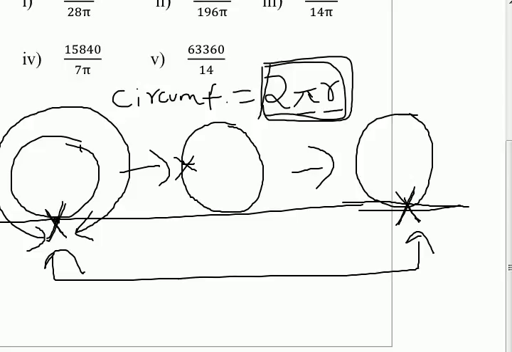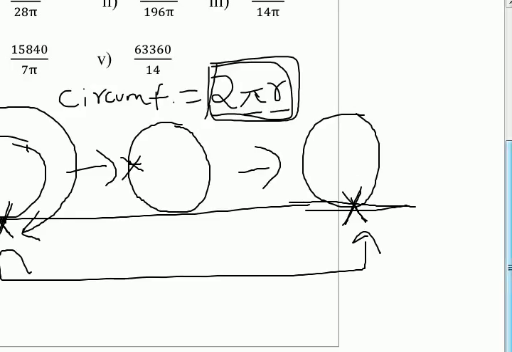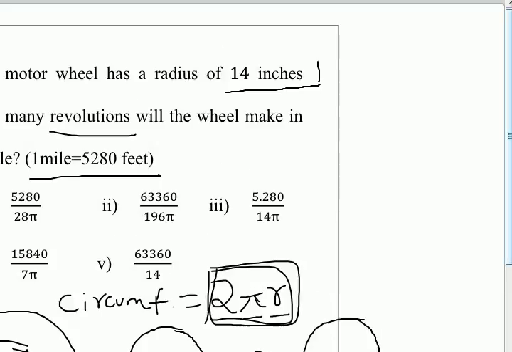So let the number we are looking for be x. So let's do some calculations here. So x into 2 pi, and substituting the radius. What's the radius? It's 14 inches.